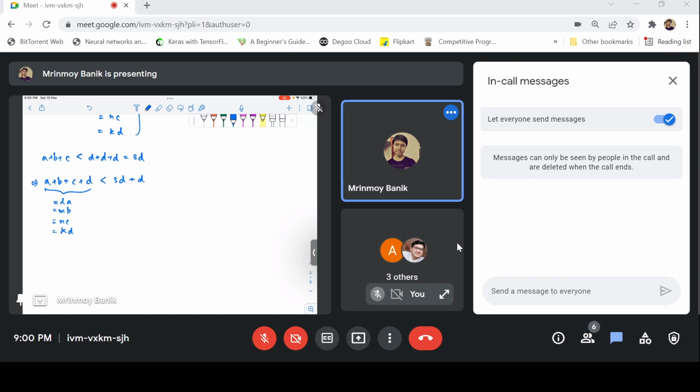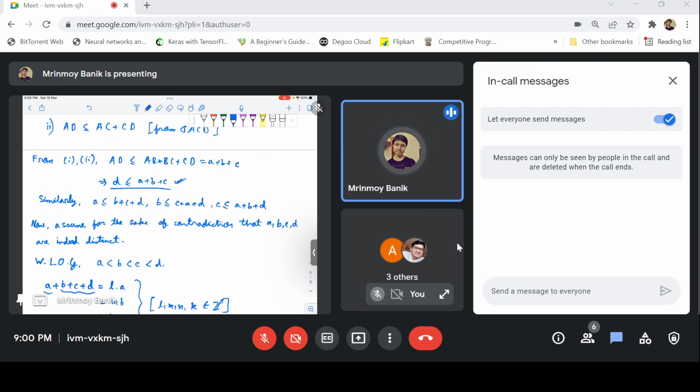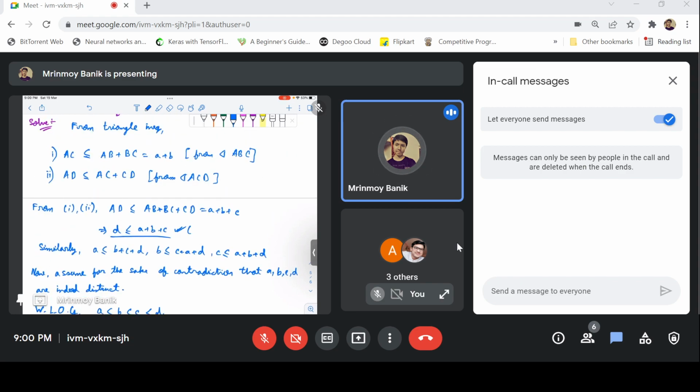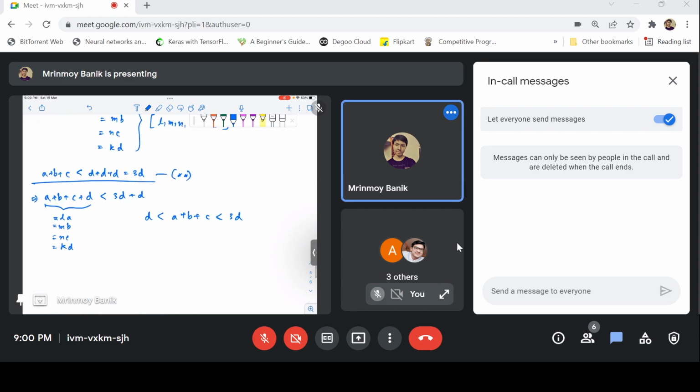Observe that D is obviously, from this inequality, less than or equal to A plus B plus C. So we have found both an upper bound and a lower bound for A plus B plus C. Let this be equation number star and this one equation double star.